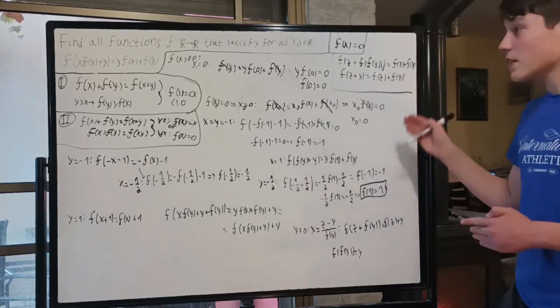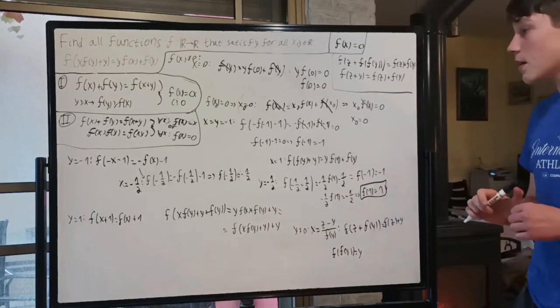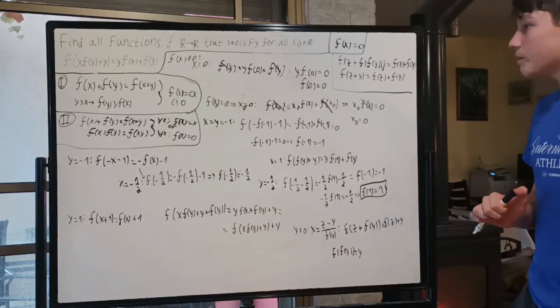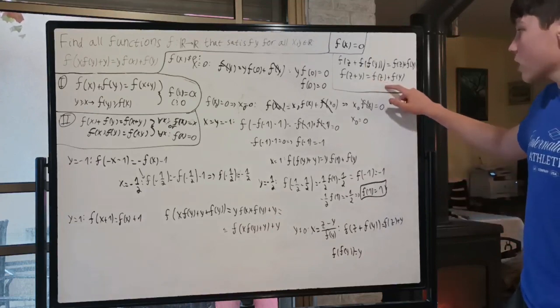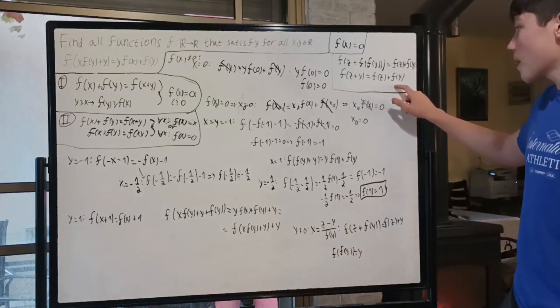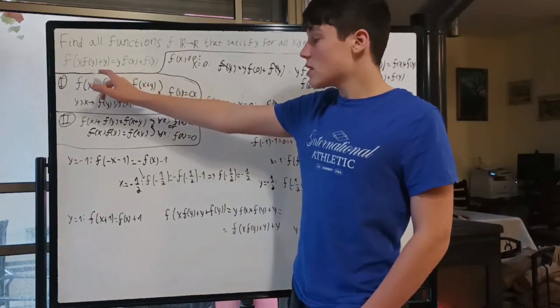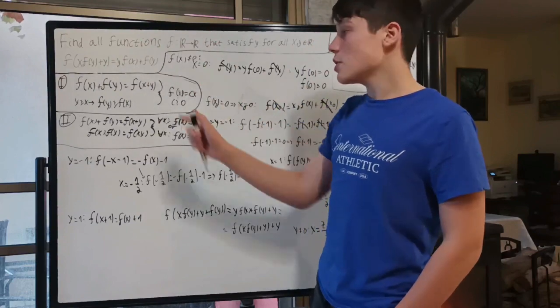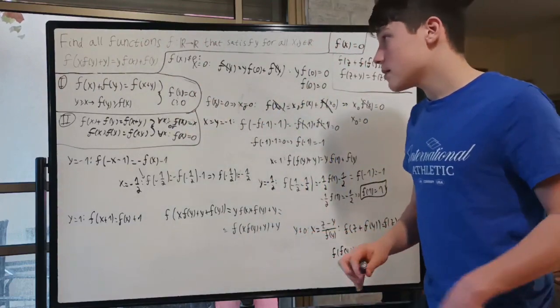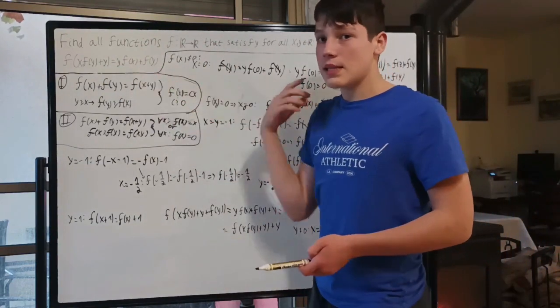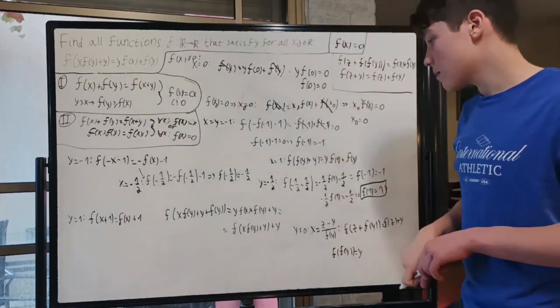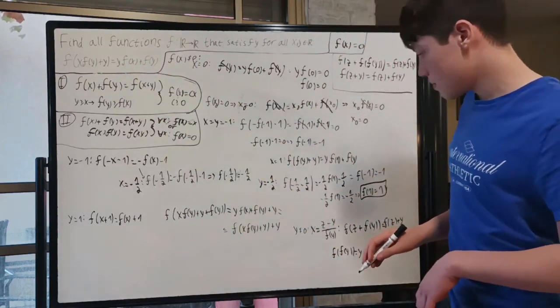So our function f is additive. That's very nice. Because now that this is true, I can use this on the original equation and take this plus y out as a plus f of y on the outside. So let's do it.